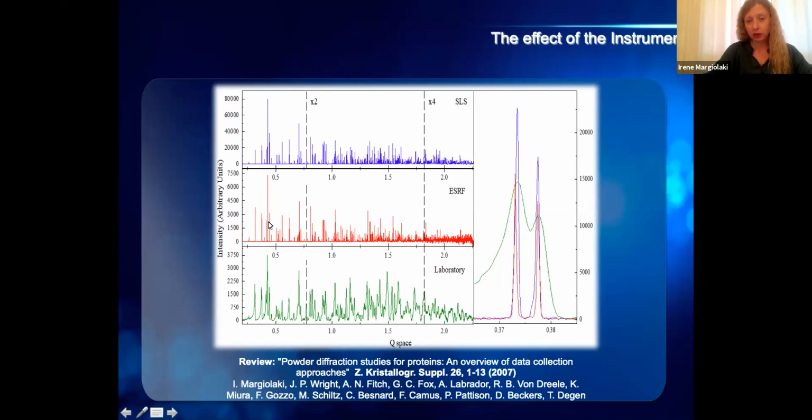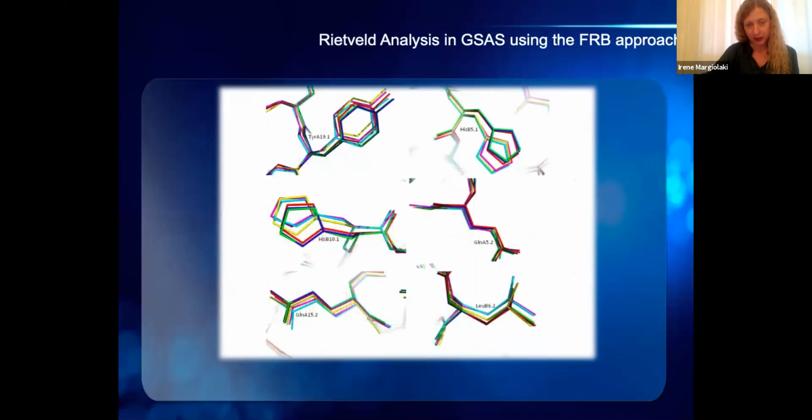And usually what we do, and in all the examples I'm going to show, we have combined different data sets in order to increase the information content of the data, which is absolutely necessary for solving or refining such complex structures as peptides and proteins, of course.